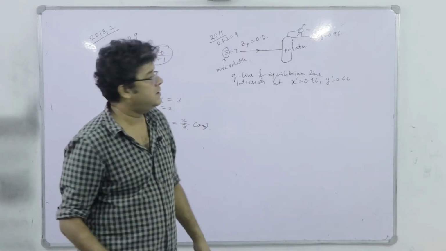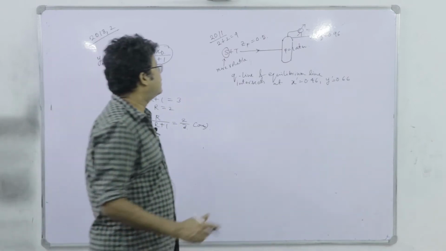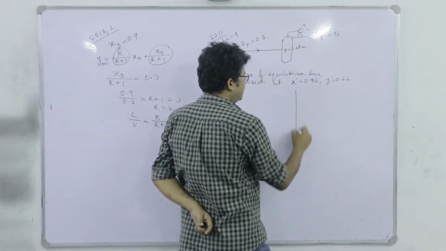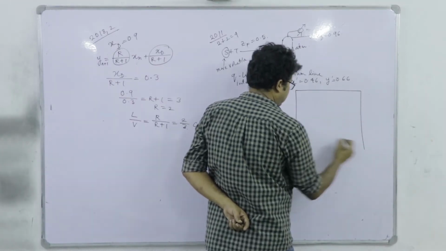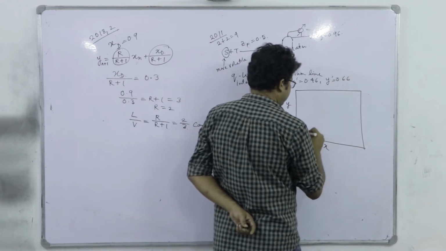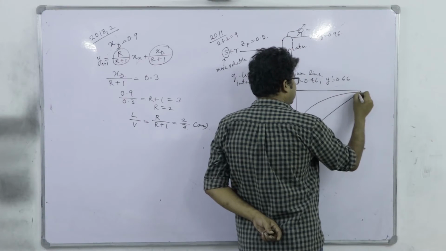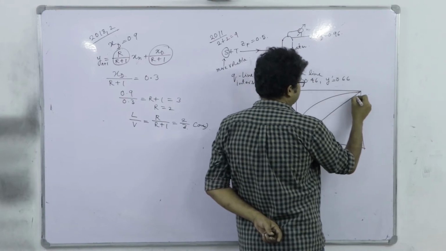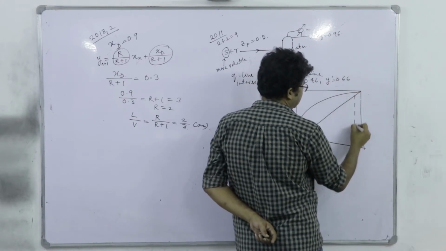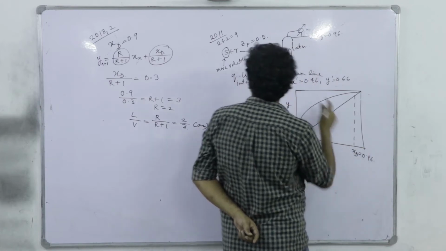First we have to calculate the minimum reflux ratio. If I draw this y versus x diagram of the system, this is the 45 degree line, this is the equilibrium line, and we have xD equal to 0.96.